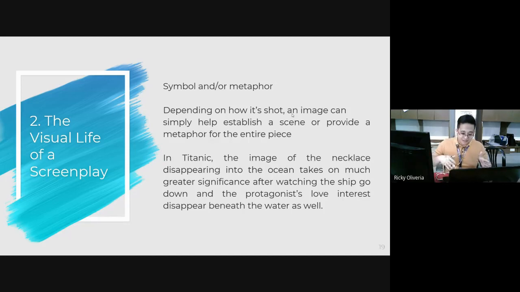So magiging parang throwback, way back, rewind, no? Bago napunta dun sa scene na yon. Okay? Yung mga ganun. So there are movies like that. Kagaya niyan, yung Titanic. No? So, one symbol of that is yung necklace. Disappearing into ocean. Okay?